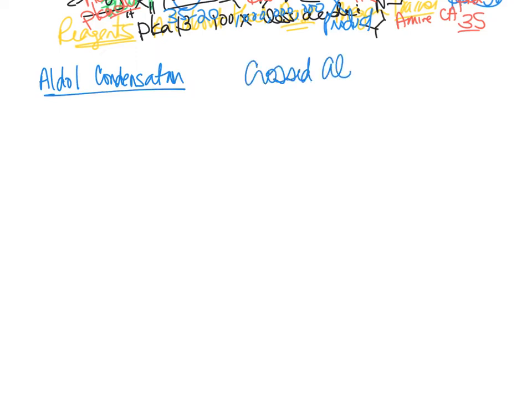I want to teach you the Aldol condensation reaction, because I want you to add that to your reaction sheet. And then I want you also to do crossed aldol condensation. And then tomorrow I will do the Claisen. So let's do this reaction. You would get something like this.